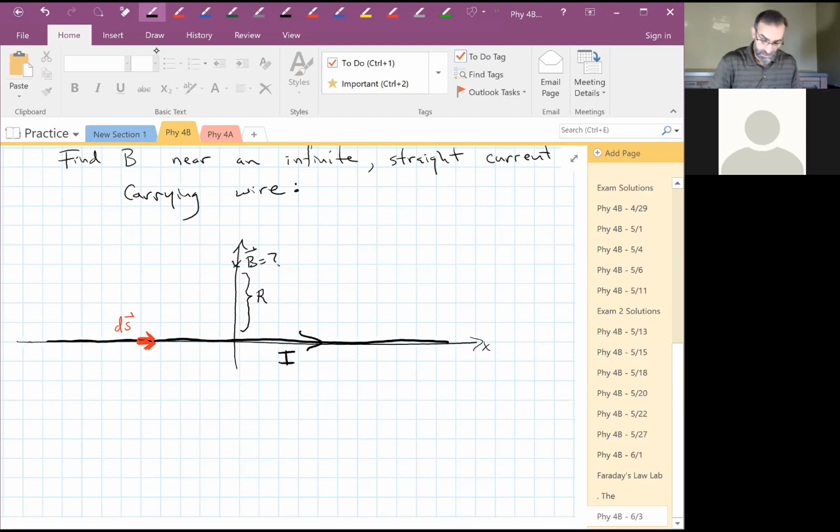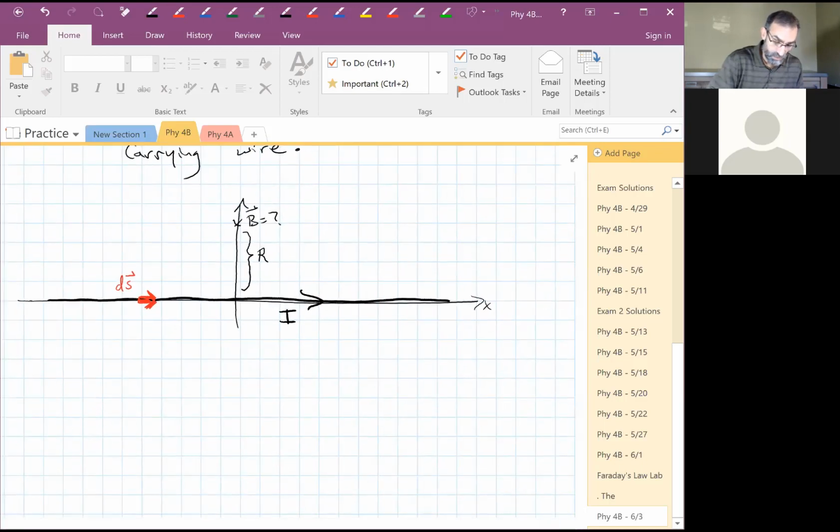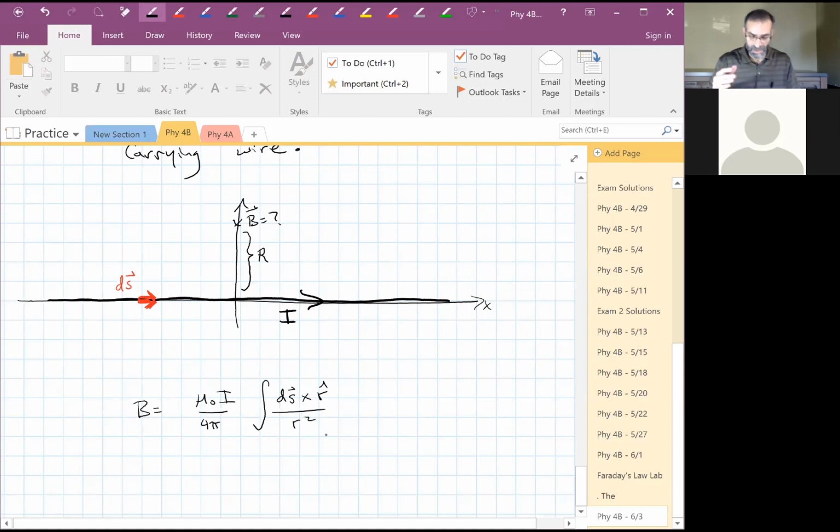Okay, so let's walk through these. So here, let me write out the equation one more time. The equation B is equal to mu naught I over 4 pi integral ds cross r hat over r squared. And let's just walk through each one of these things. Mu naught, we know what mu naught is, right? It's a constant, 4 pi times 10 to the minus 7.